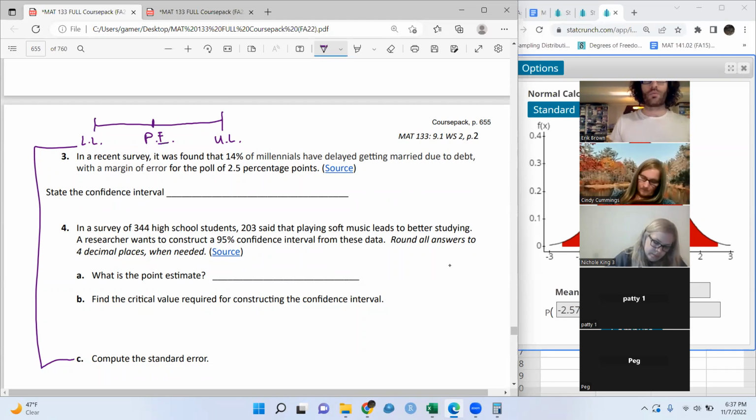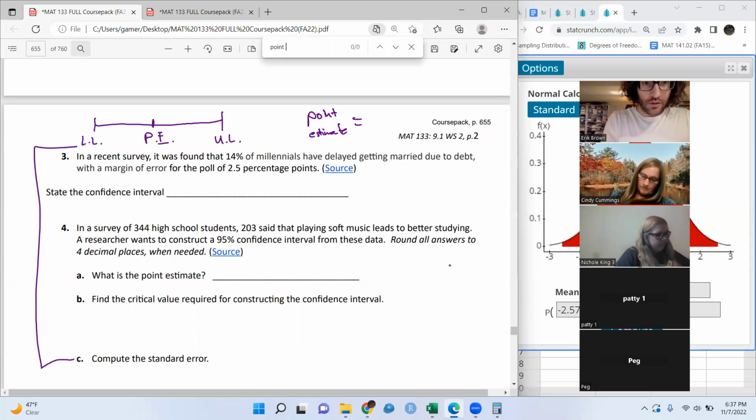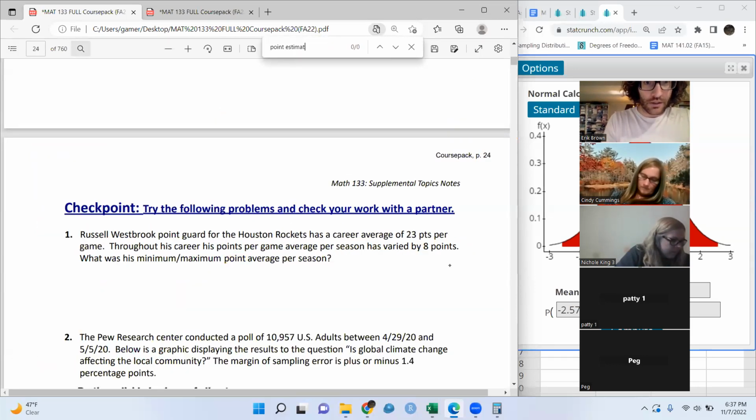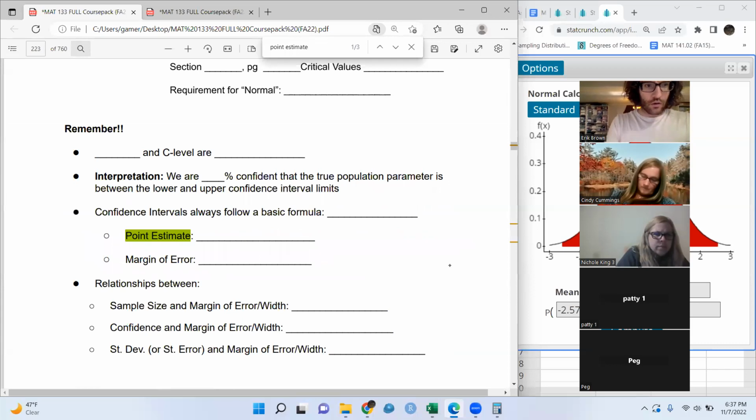Does anyone remember what we mean by point estimate? What is it? Have you all learned that? Control F, point estimate.